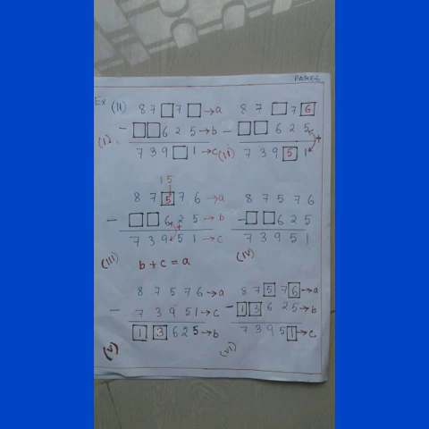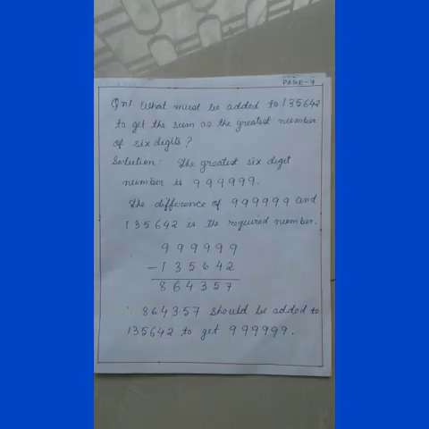Now next, solve a question. What must be added to 135642 to get the sum as the greatest number of 6 digits? Now the question is, what is the greatest number which can be written with 6 digits? That is 999999. So the number required is the difference of 999999 and 135642.